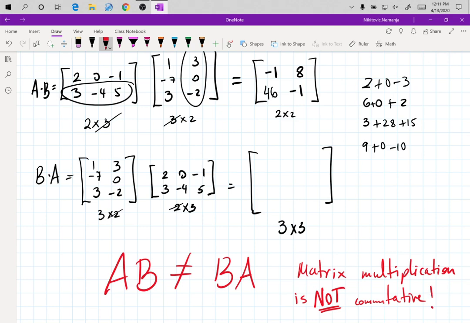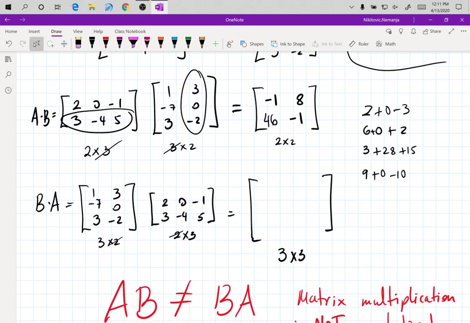What's commutative is when you multiply it with a constant. So matrix times a constant is commutative, but matrix multiplication is not commutative. So can you find examples? Yes, you can find examples, but in general it's not going to be.